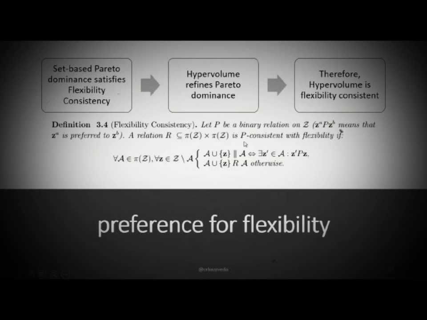If this is the case, then you have flexibility consistency, and you are being consistent with the notion of keeping your options open. And since the hypervolume refines the Pareto dominance, we can conclude that hypervolume is in itself consistent with this notion of preference for flexibility.